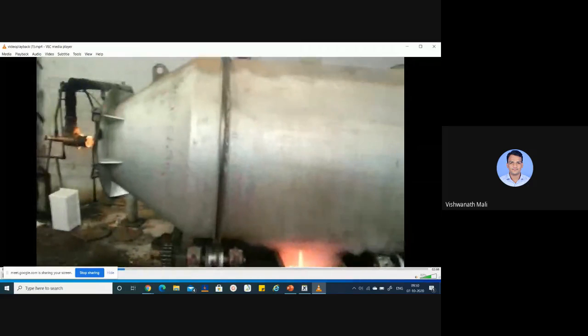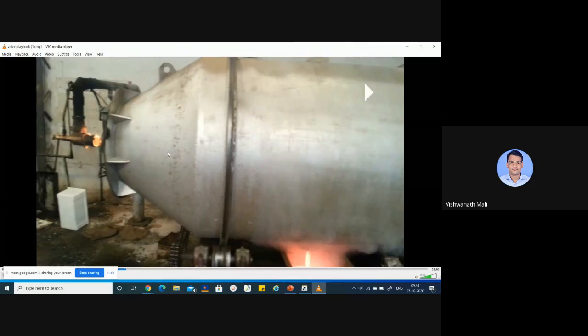We will collect whatever molten metal we have prepared. Now here you can see the blower from which we generate the flame. Here are our gases, fuels. With the help of this, we generate the gases.